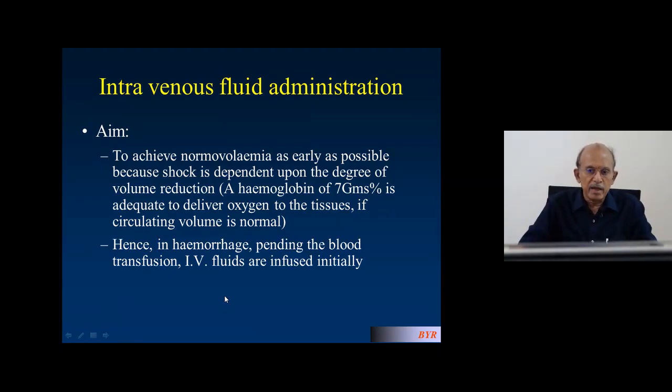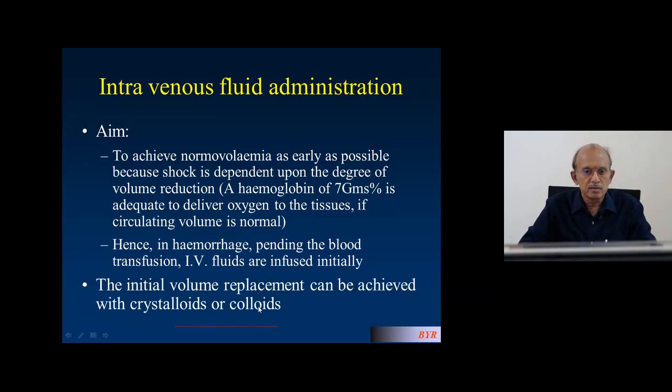So in hemorrhage, pending blood transfusion, IV fluids are infused initially. The initial volume replacement can be achieved with crystalloids or colloid solutions. The majority of intensivists prefer crystalloid solutions.